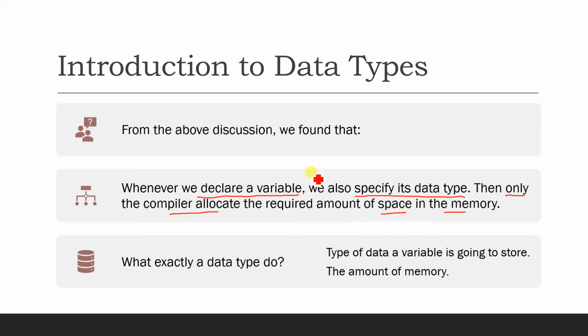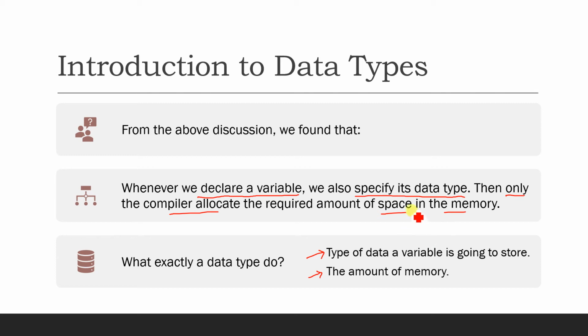So we conclude that a data type tells two things: the type of data a variable is going to store, and the amount of memory allocated for storing that data.